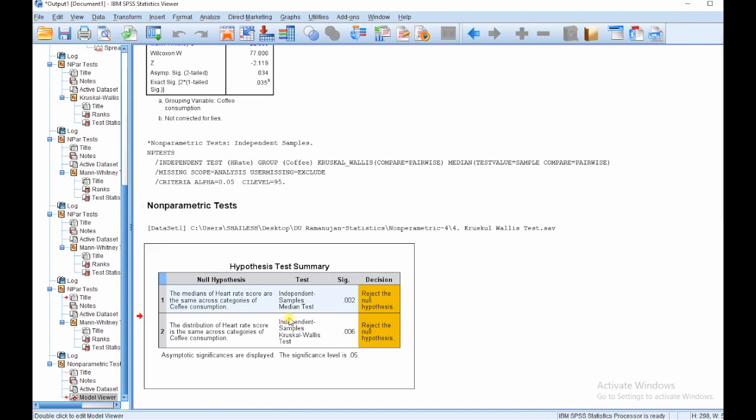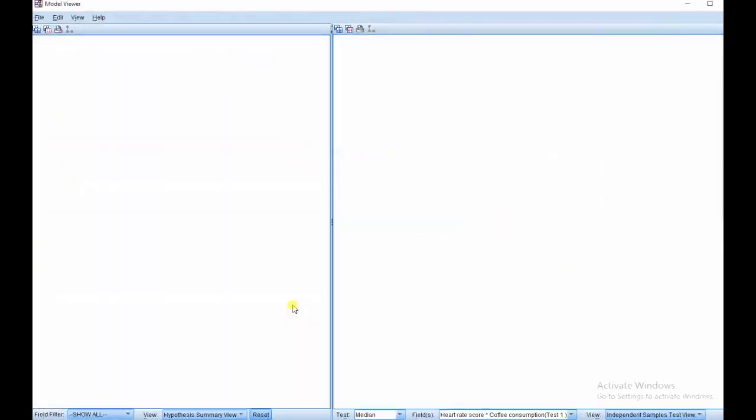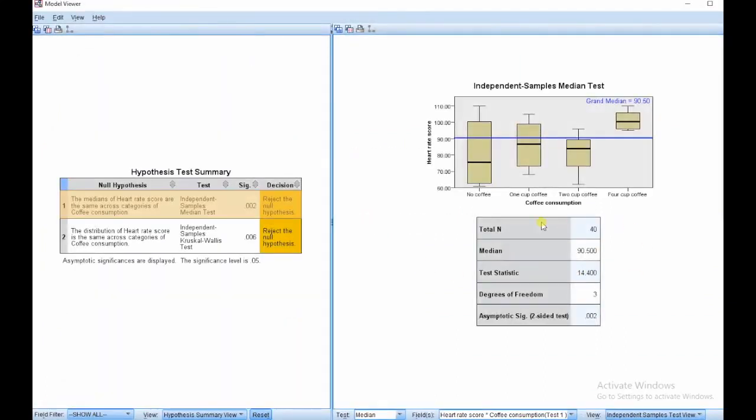Now I am double clicking, and after double clicking I get this, so here I can compare. The median value is this, the degrees of freedom this, and the p value less than 0.05.